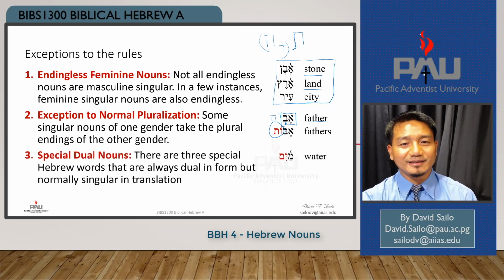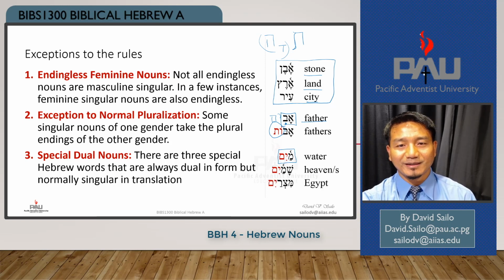Let's look at some special dual nouns as well. We have mayim, water. So how do you pluralize this one? Shamayim, and this, Mitzrayim, they take the plural form, but they don't really indicate any duality, because we don't have two heavens, we don't have two Egypts, we don't have two waters.